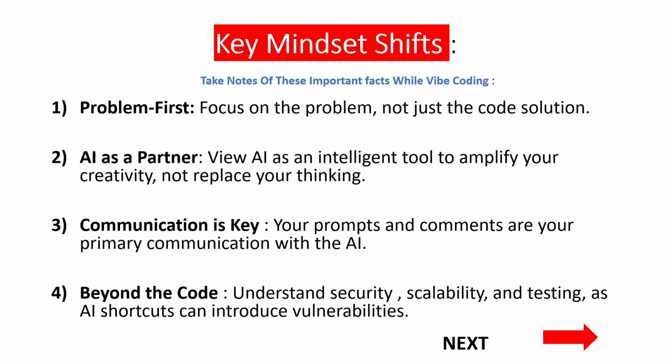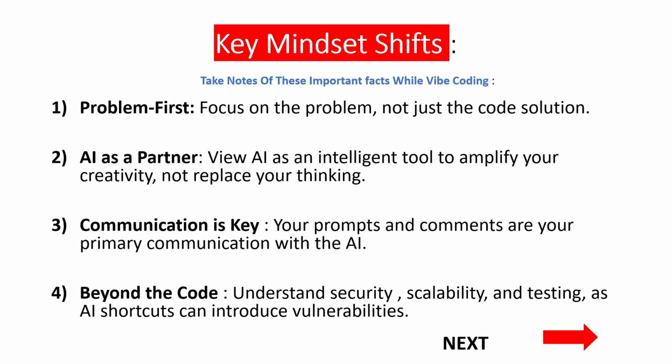The last one is beyond the code aspect. Understand that security, scalability, and testing are very important, because AI shortcuts can introduce threats, I mean vulnerabilities, meaning phishing issues, which means you might be insecure.